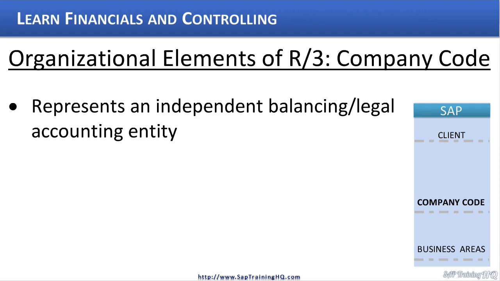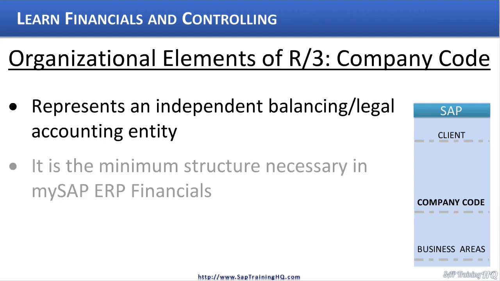Financial statements required by law can be created at company code level, as discussed before, and a company code is the minimum structure necessary in MySAP ERP financials. MySAP ERP is in the SAP Business Suite software, the name for the modules comprising the former SAP R3.